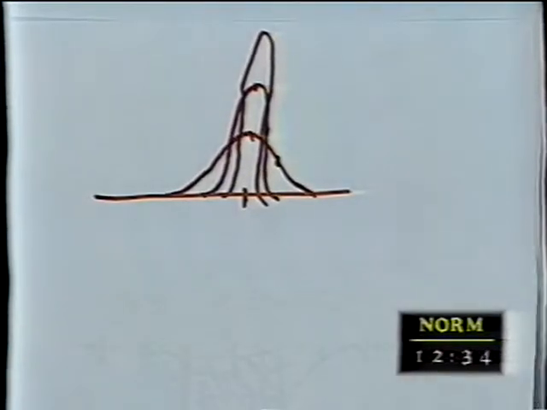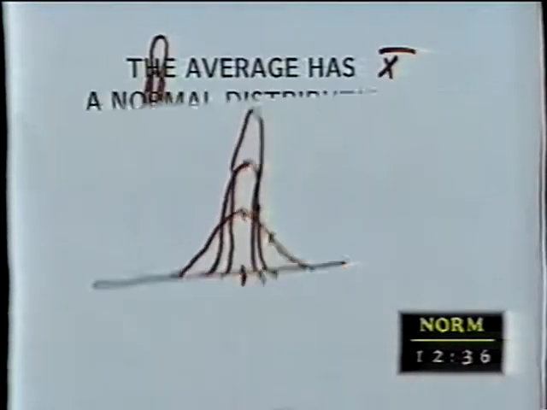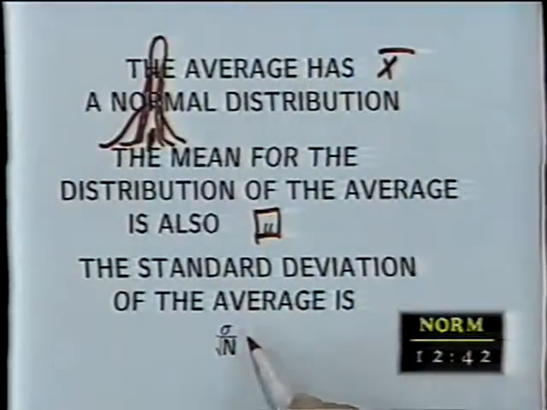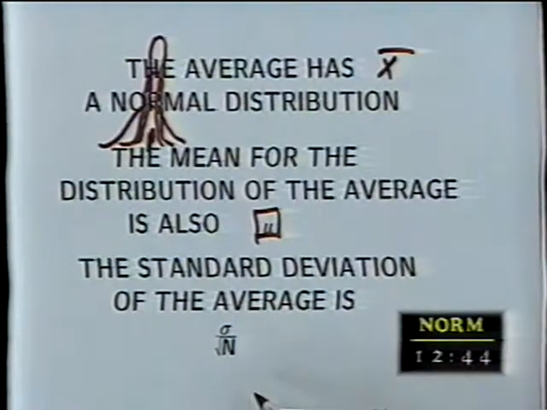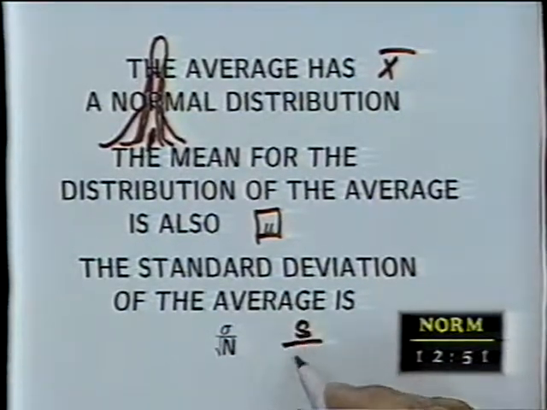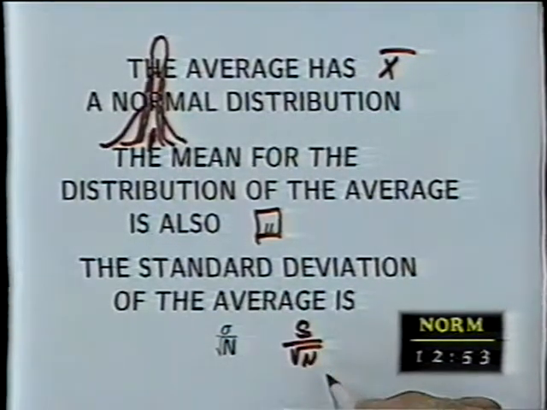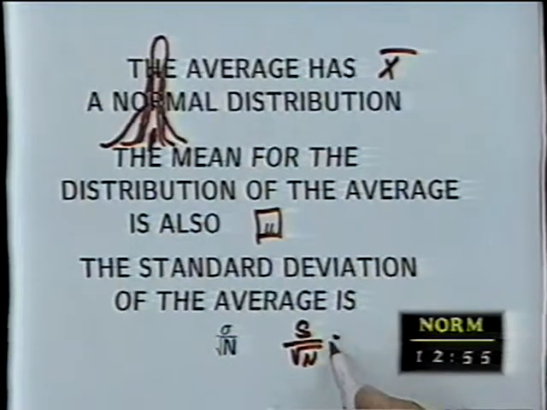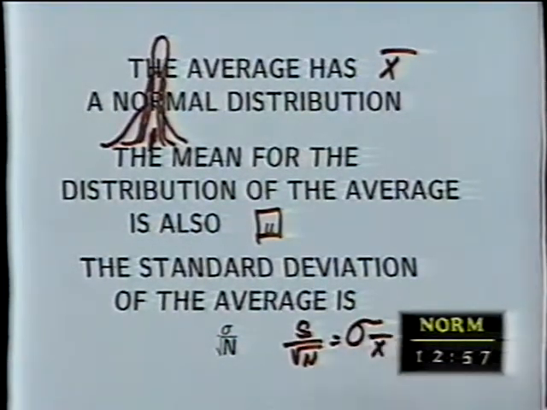And of course, I'm not going to derive that here. This is far beyond this class. But I can tell you that the standard deviation of the average is simply the standard deviation of the data divided by the square root of n. That's how it comes out. So in order to estimate that, I just take s and I divide it by the square root of n. And that's my estimate of the standard deviation of x bar. We'll call it the standard deviation sub x bar.